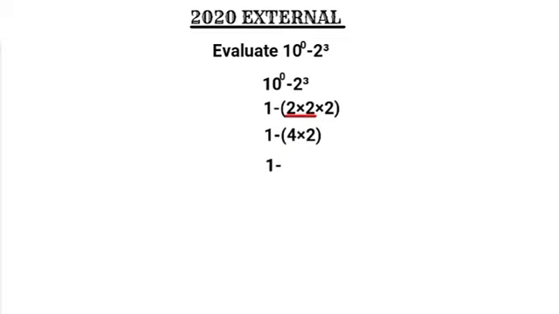Then we write 1 minus, then we multiply 4 by 2, which will give us 8. So we are going to work out that one now. 1 minus 8 is equal to negative 7.